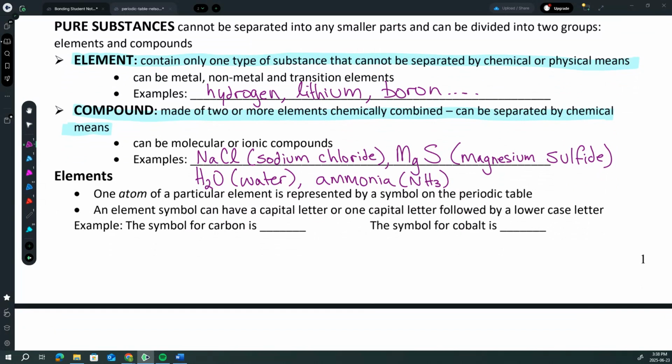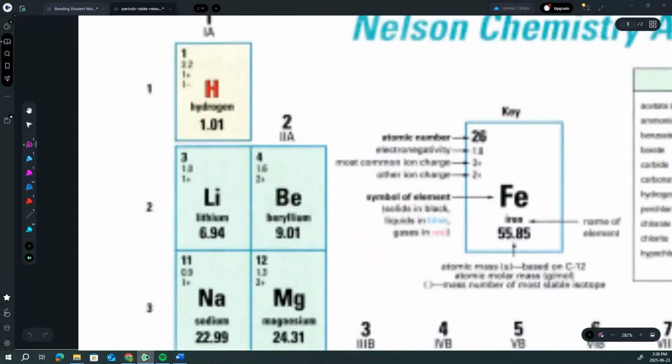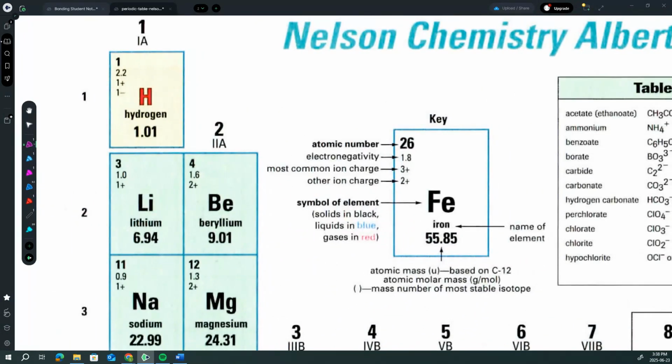Okay, now elements are made up of one atom of a particular element, and it's represented by a symbol on the periodic table. As we've looked with these elements on our periodic table, notice that each element has their own symbol to represent whatever the element is.